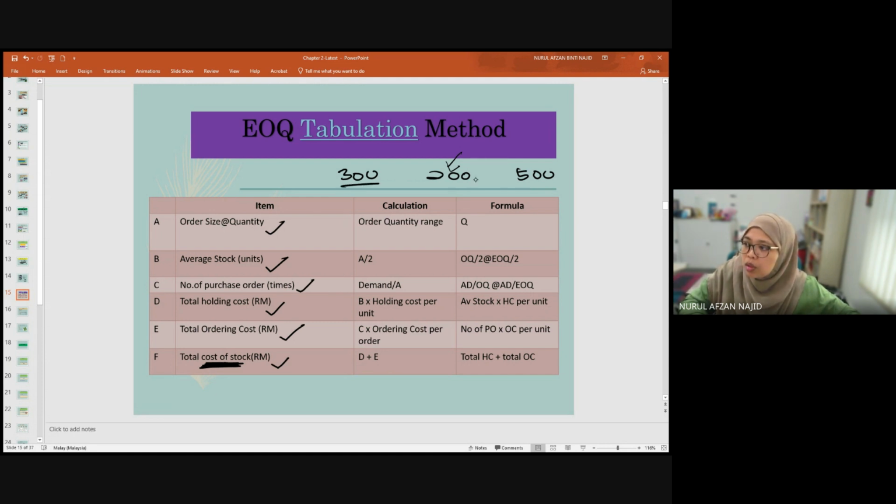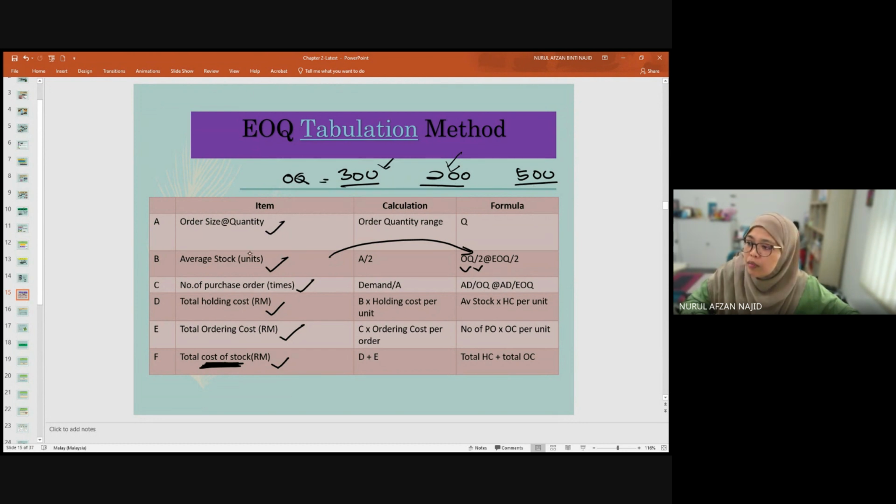300, 200, 500. Macam tu contoh. So sekarang ni bila nak dapatkan average stock, apa formula untuk average stock? Tengok dekat sini. Formula dia adalah OQ bahagi 2. OQ bahagi 2. So, this is the OQ. Yang ni kat atas ni semua OQ. Order quantity 300, 200, 500.